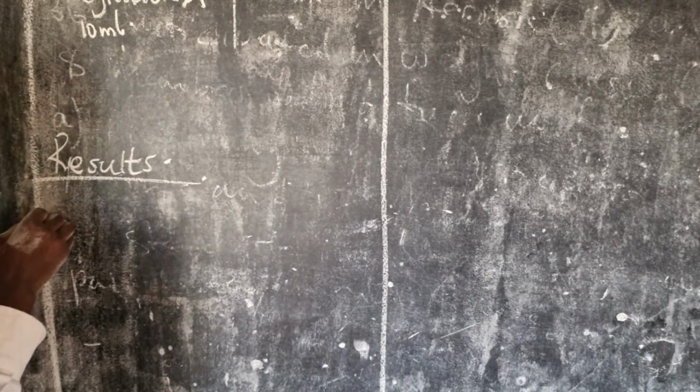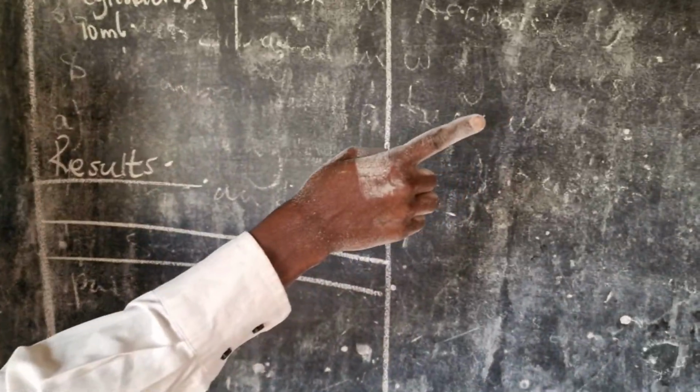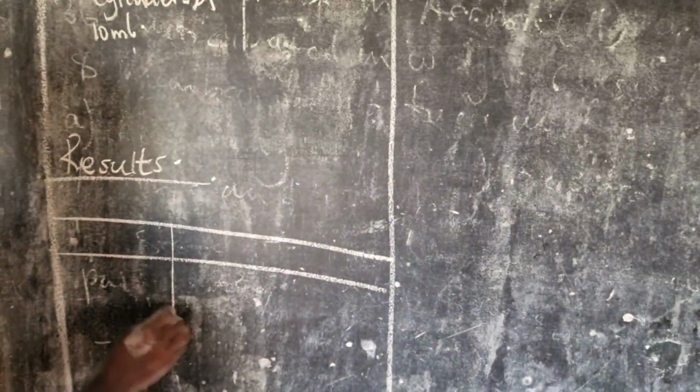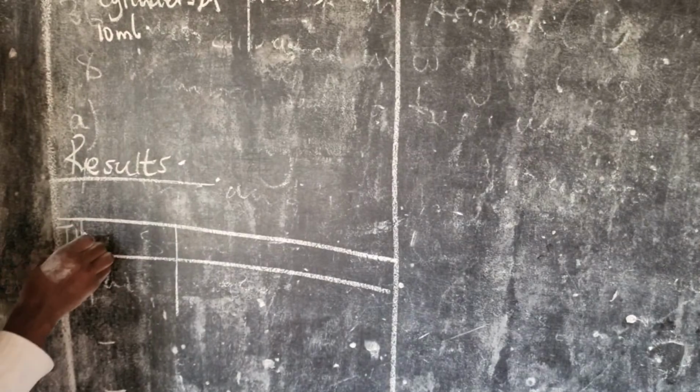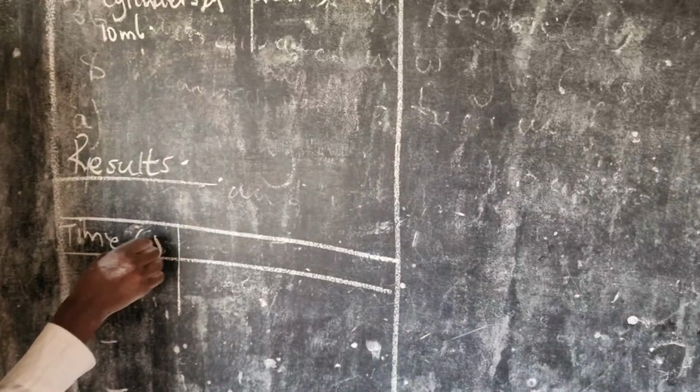For example, if someone was varying time, it's the independent variable. So here someone will give time with the units, standard units usually.